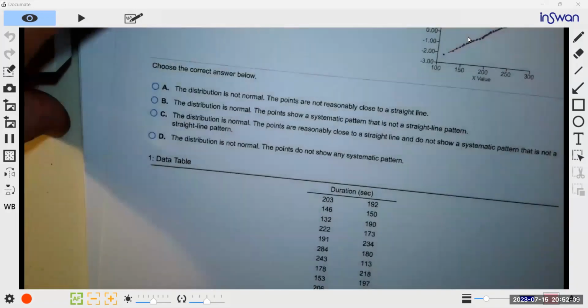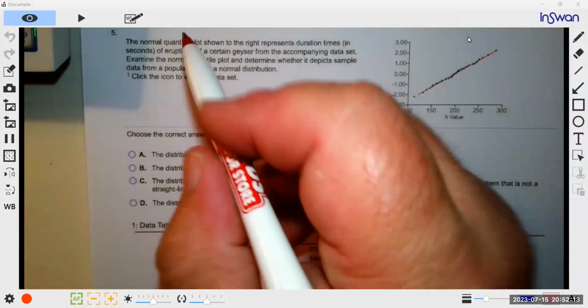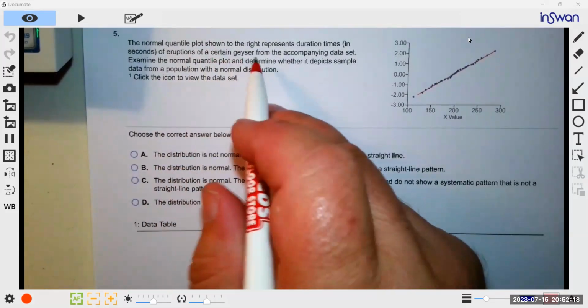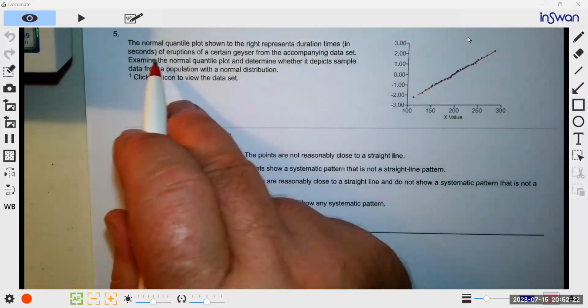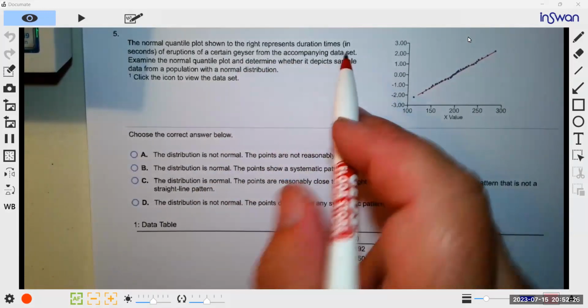And the last one for this section. The normal quantile plot to the right represents duration times in seconds of eruptions of a certain geyser from the accompanying data set.